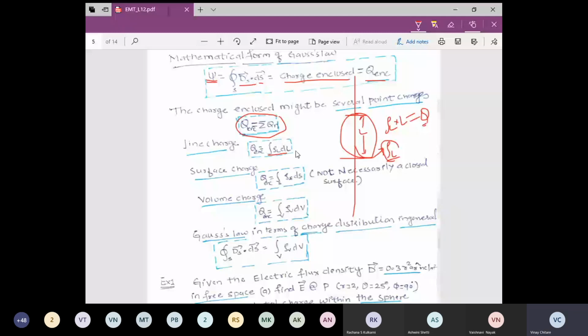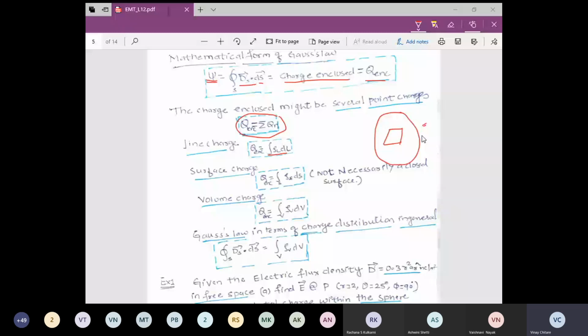Now you can also place a sheet charge inside a closed surface. Even in that case we need to find the total charge. Say, for example, I took again a sphere as a closed surface, and here I place a sheet charge. You can see the sheet charge is trapped inside the closed surface, and we know rho s on this.